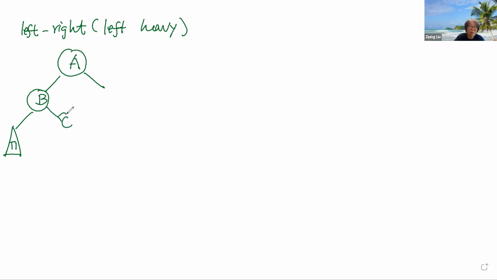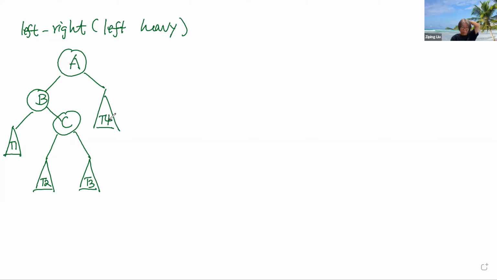Then we have node C, and we have T2 and T3. Over here we have T4.